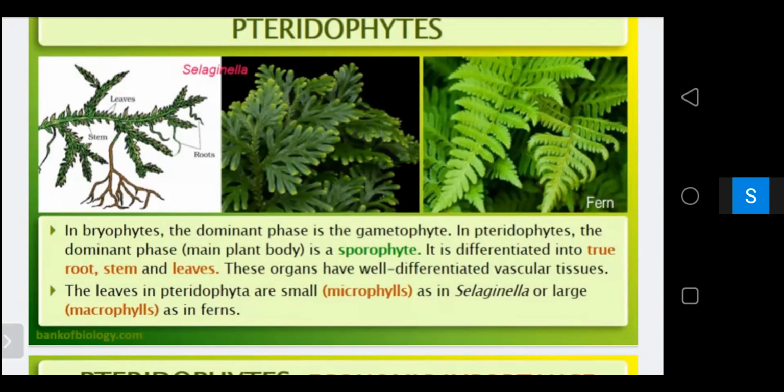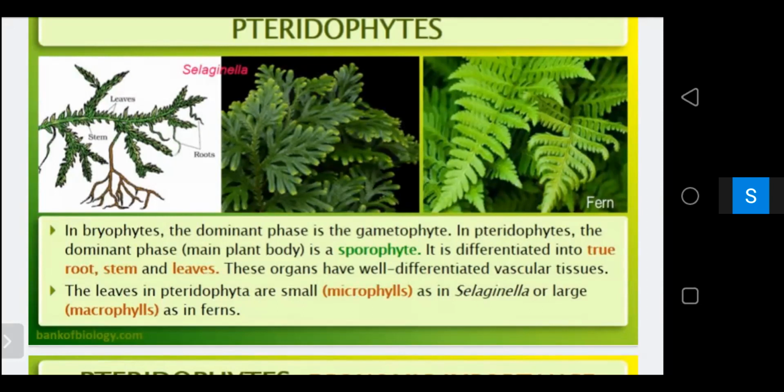Second difference is that the sporophytic main plant body is a dominant phase in their life cycle, because in bryophytes the dominant phase in life cycle is gametophytic.